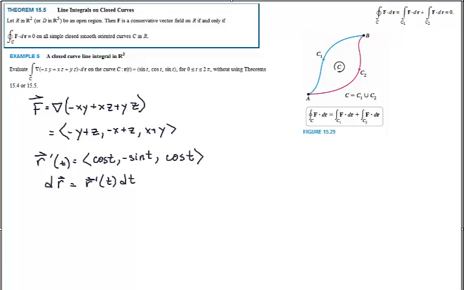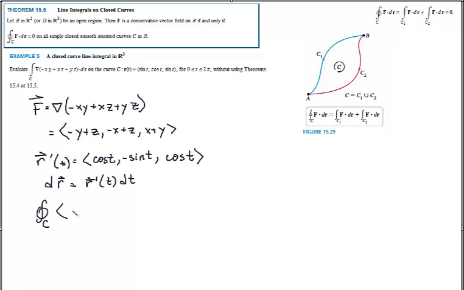Okay, just getting some of the pieces and parts here. I went ahead and got the gradient of f by taking my partials and found the derivative of r. Next I'm going to find this integral.